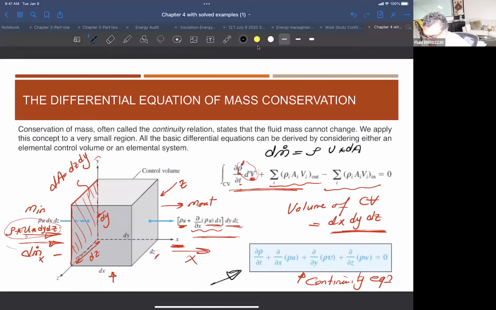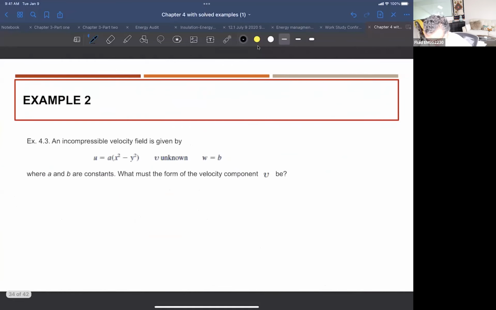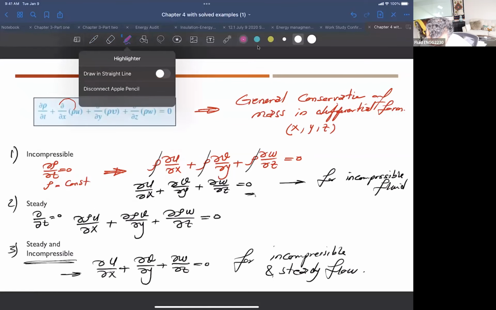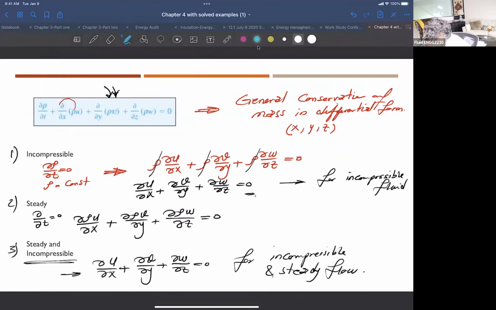Now, this conservation of mass is for incompressible fluids. You see here for incompressible fluids, this is the conservation of mass. This should be satisfied because this is a velocity field, right?